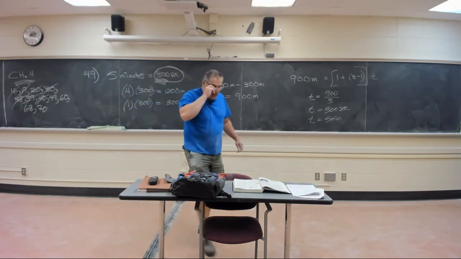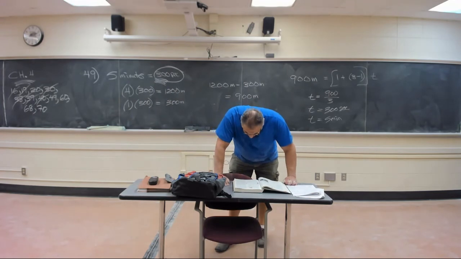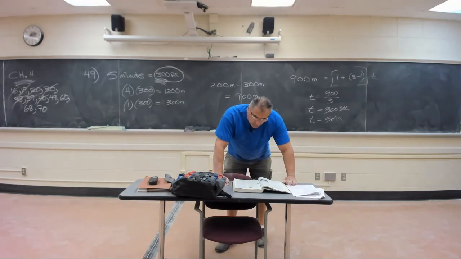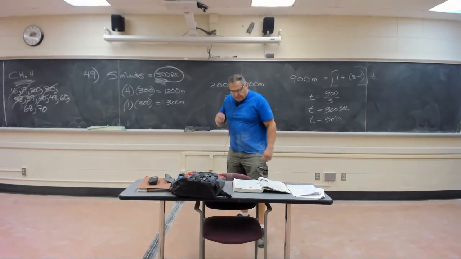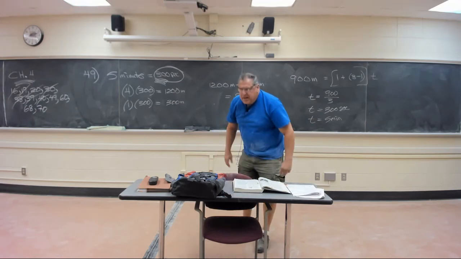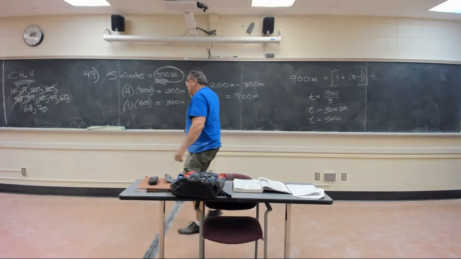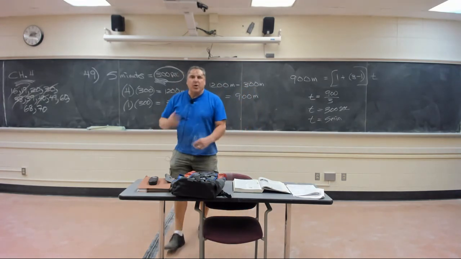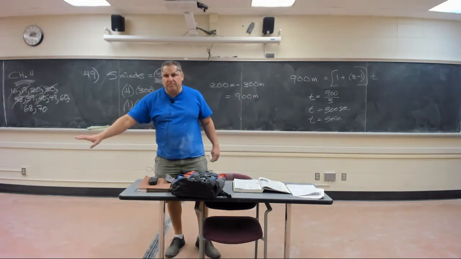This person is going 3 meters per second relative to the water, and the water is just going 1 meter per second relative to the bank. So once he lost his hat, the hat's going slower than he is because he's going 3 meters per second downstream.